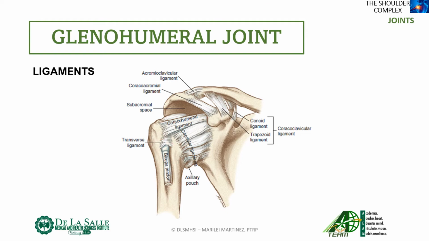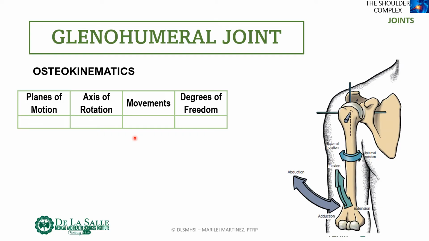Okay. For the osteokinematics, we have 3 degrees of freedom for the glenohumeral joint. Why 3? Because movements in the GH joint happen in the 3 planes of motion. So specifically, flexion extension happens in the sagittal plane, and the axis of rotation is the x-axis or the medial lateral axis.